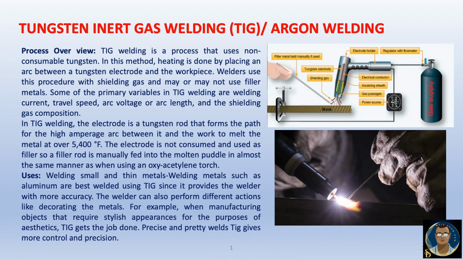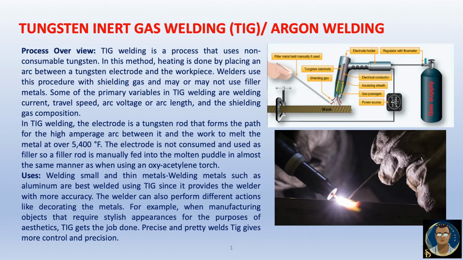We discussed the MIG in the last slide. TIG is also a gas welding, but this is manual compared to MIG, which was semi-automatic, because in MIG the filler wire feeds automatically from a spool. The major difference between TIG and MIG is that TIG uses a non-consumable tungsten electrode.